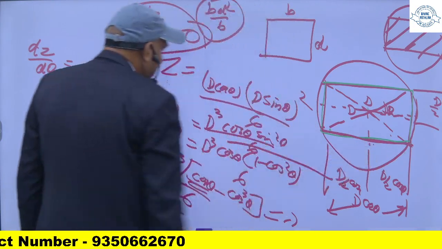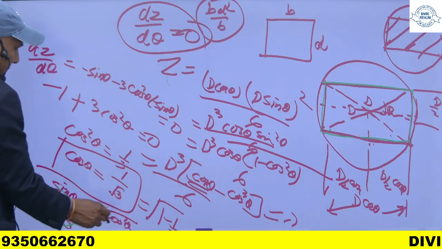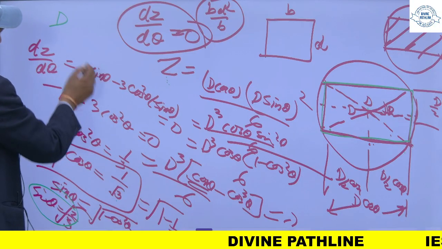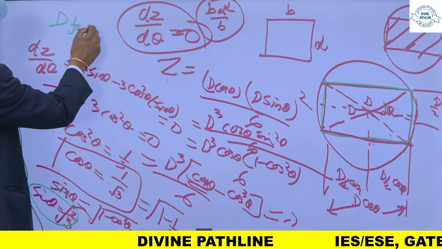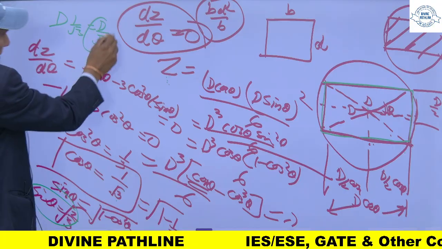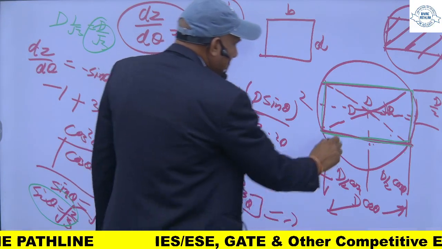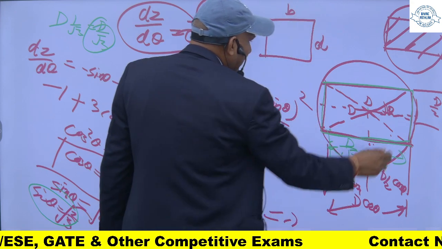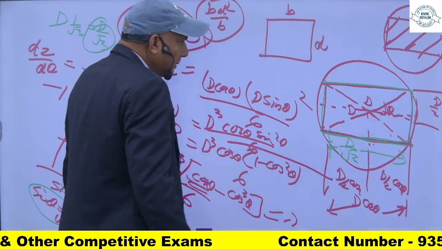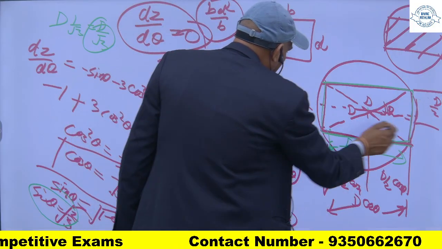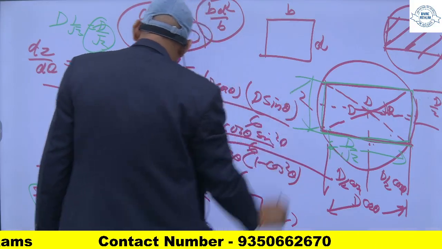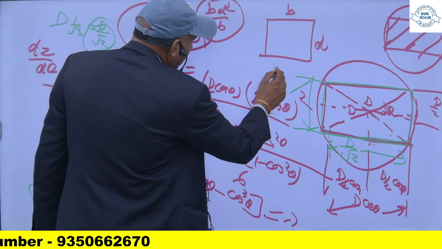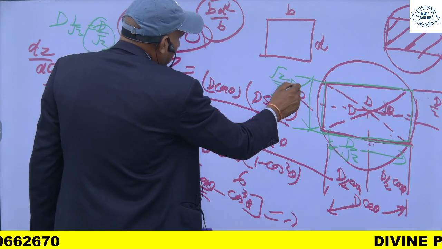So this is sin theta and cos theta, and the dimension of the beam is d cos theta. So d into cos theta is equal to d upon root 3, and this is the width. So d upon root 3 is the width, and the depth is d sin theta, and sin theta is equal to root of 2 by 3 into d.